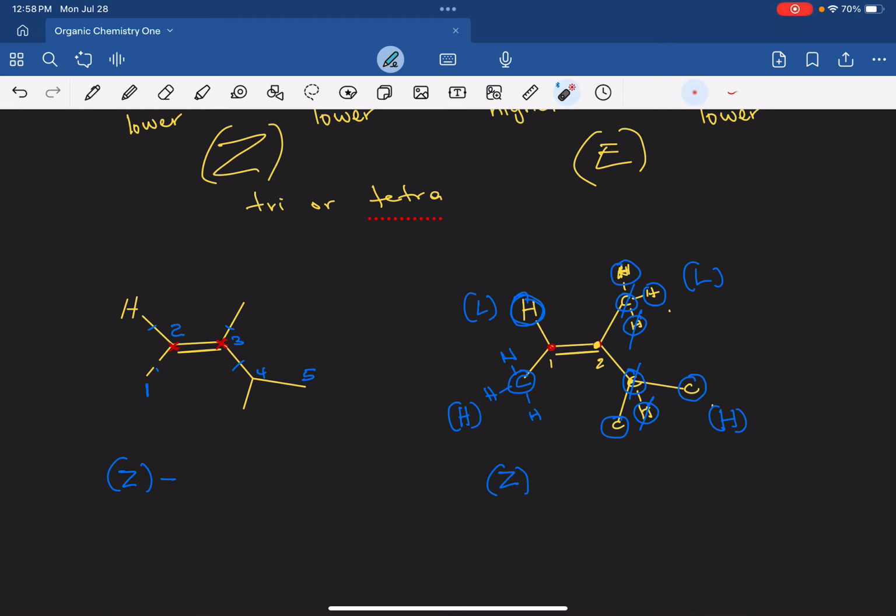I have a methyl group here, and I have a methyl group also on carbon number 4. So this is going to be 3, 4 dimethyl. I have 5 carbons in my longest chain, 1, 2, 3, 4, 5. And my double bond is between 2, 3. Pick the lower number, so it's 2 pentene.